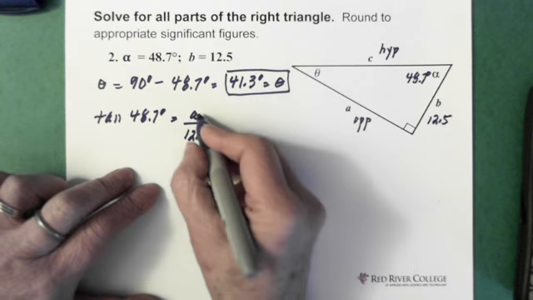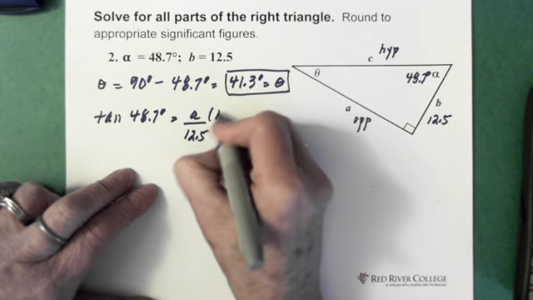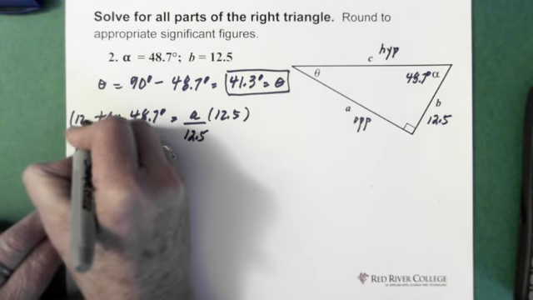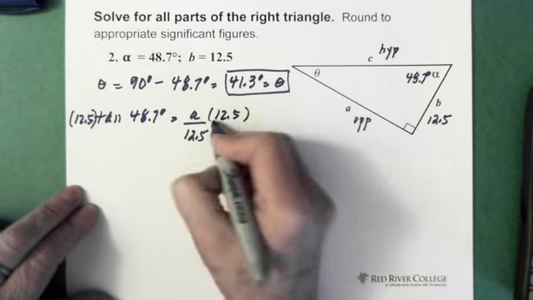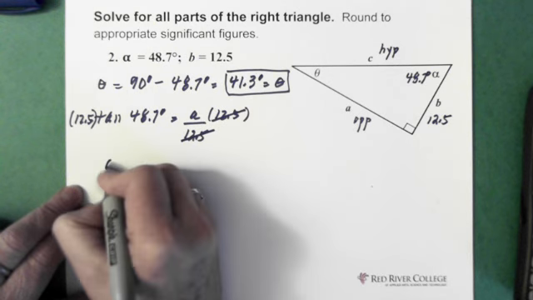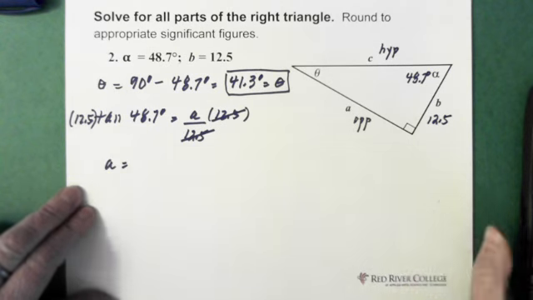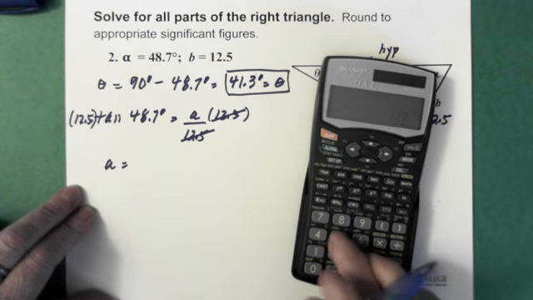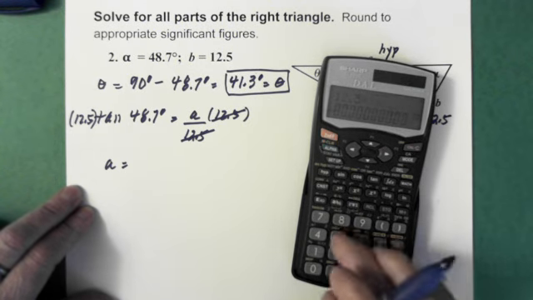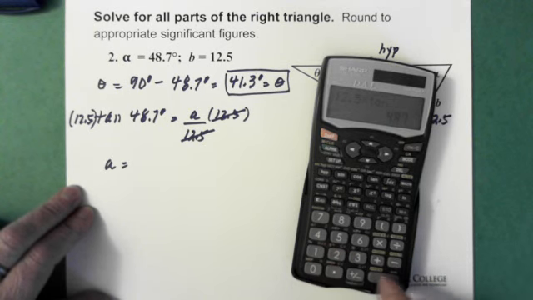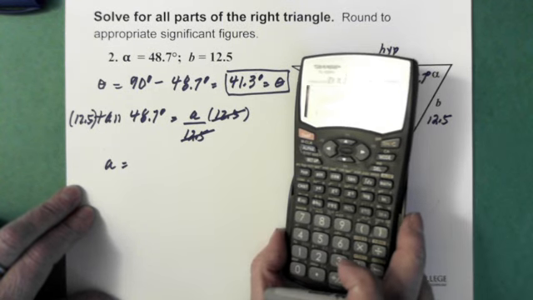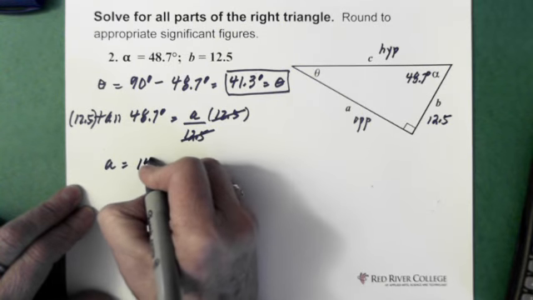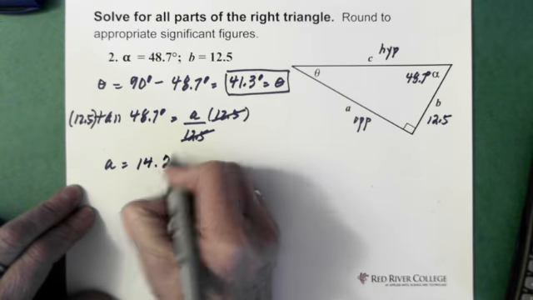So we want A by itself, so we multiply by 12.5 on both sides, and we're left with A equals 12.5 times the tan of 48.7. And we've got 14.2. So A equals 14.2.